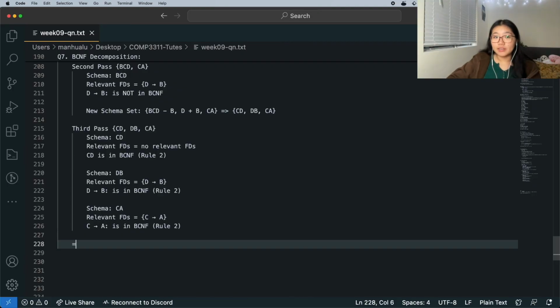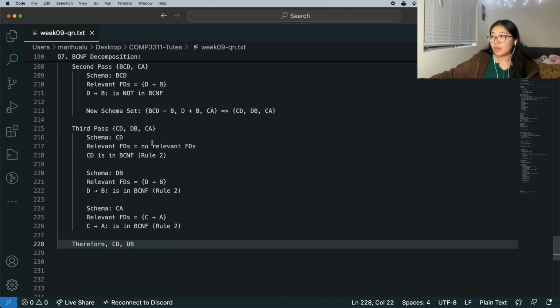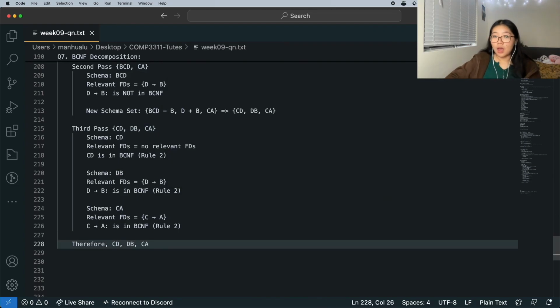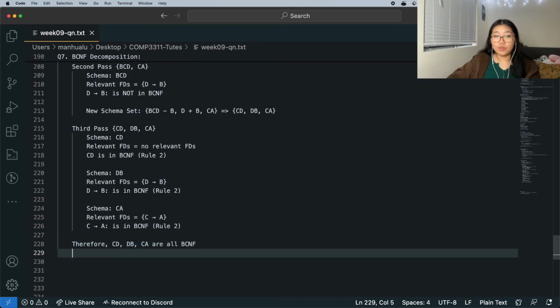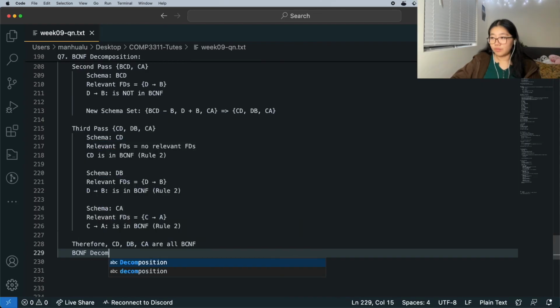So what this says is that, therefore, your CD, your DB, and your CA are all BCNF. That's great. Therefore, your final decomposition is these three. And that's your final answer, right? So that's your final answer there.